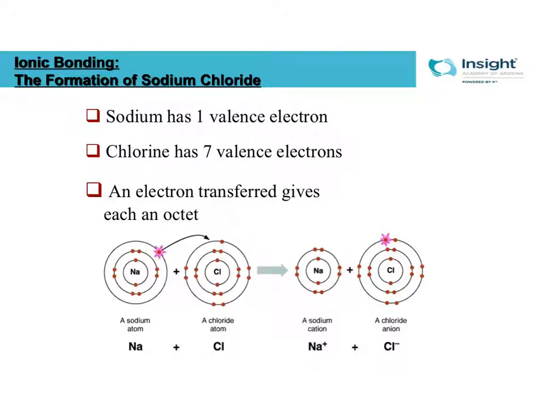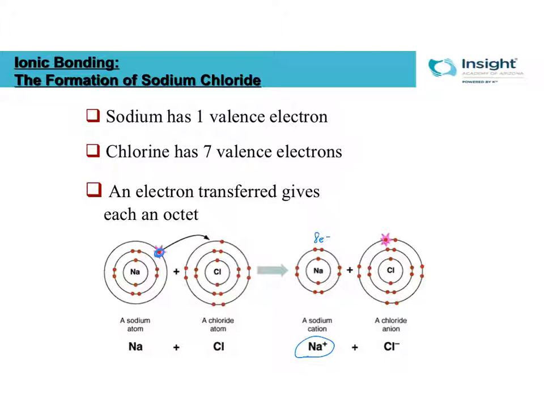So the quintessential ionic compound is sodium chloride, good old table salt. In sodium chloride, you have sodium, which has 1 valence electron. It's in group 1A. It's going to give up that 1 valence electron and become sodium plus. When it gives away this 1 electron, it drops down to the shell below, which you can see has 8 electrons.